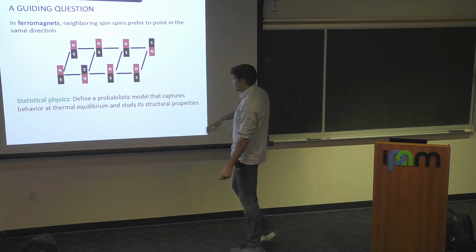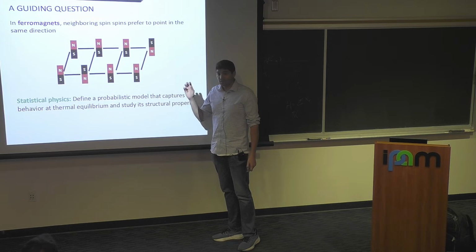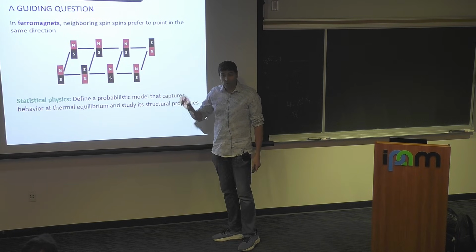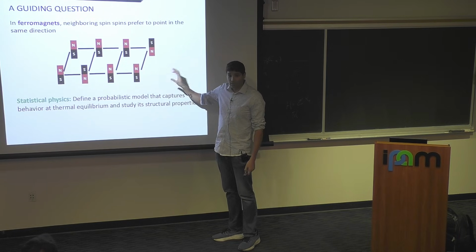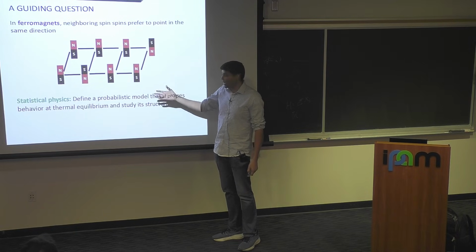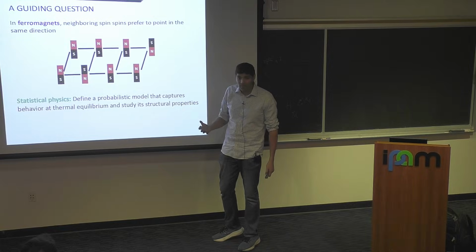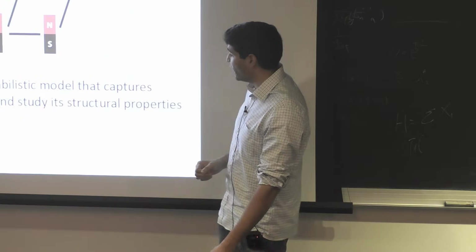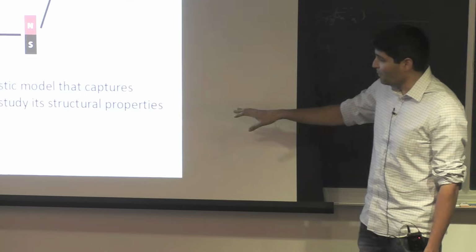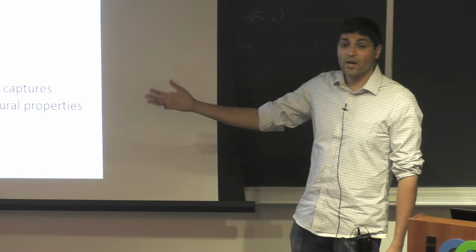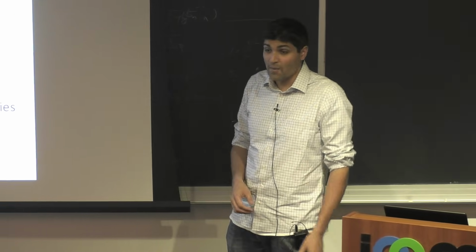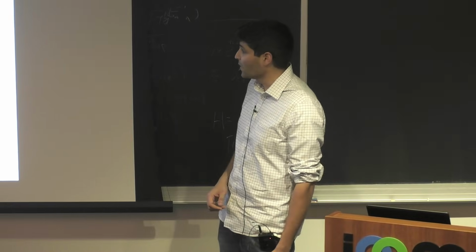What you do is you define a probabilistic model that describes a probability distribution over all configurations that these spins could be in. That's a truly gigantic set, but you define this distribution in a compact way based on writing down some energy functional. And you study properties of this distribution as a way to understand these macroscopic phenomena. That's what statistical physics is about.